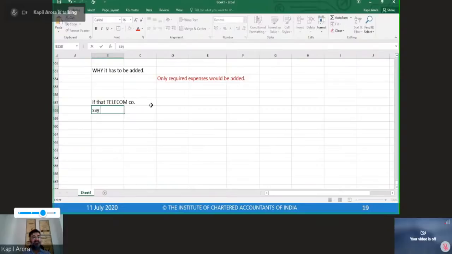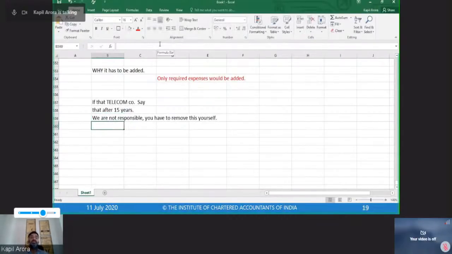say, if that telecom company says after 15 years, we are not responsible, you have to remove this yourself. If the telecom company says we are not responsible, you have to remove that tower yourself. Right?